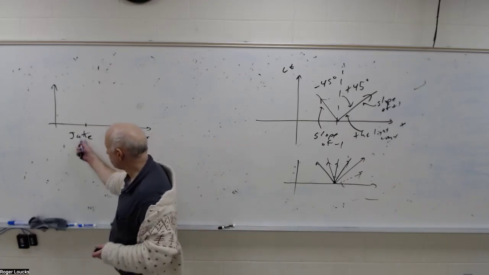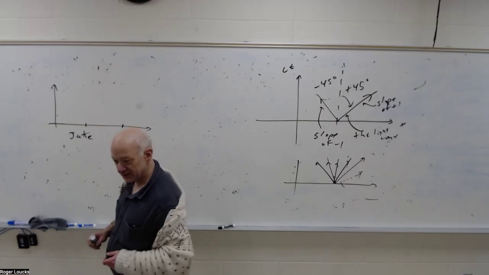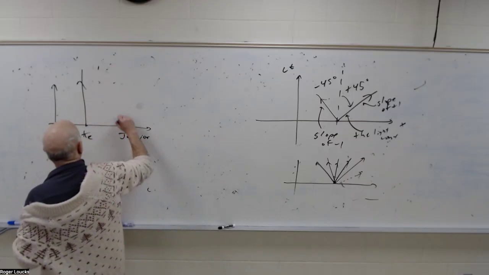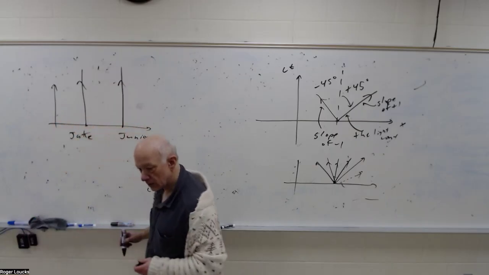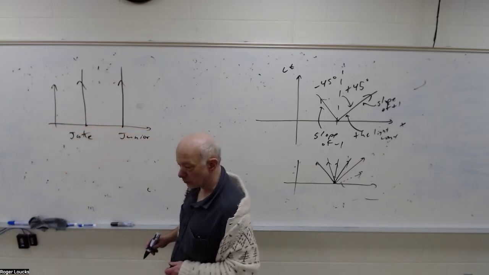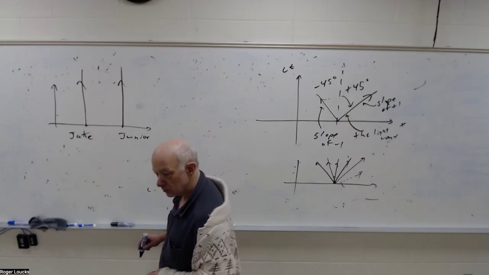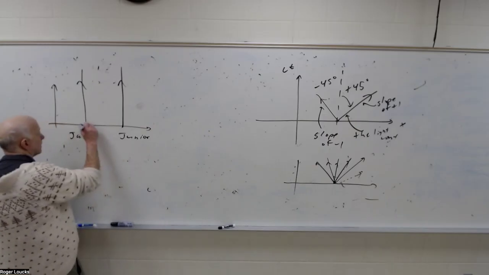So first of all, what's the world line of Jake and the world line of Junior? You're both straight lines. Now, we'll start with Jake. Jake shines a flashlight at you. What does that look like? 45 degrees. This would be this right here.